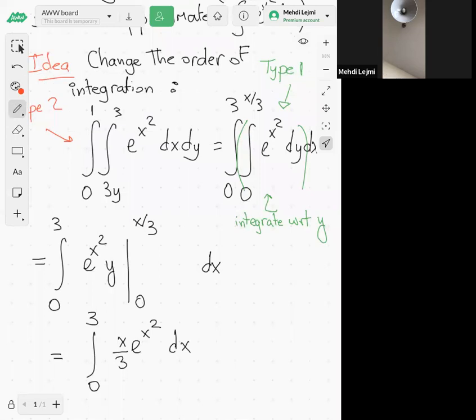I have this x now, and that solves my problem, because now I can use a substitution to integrate.